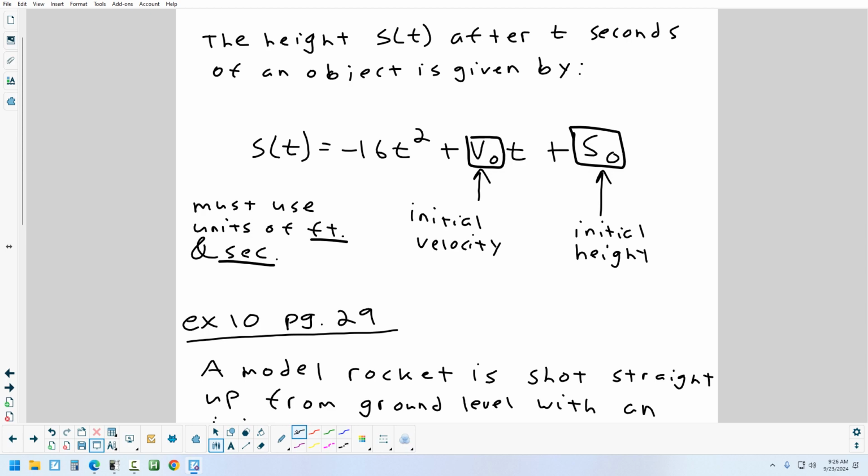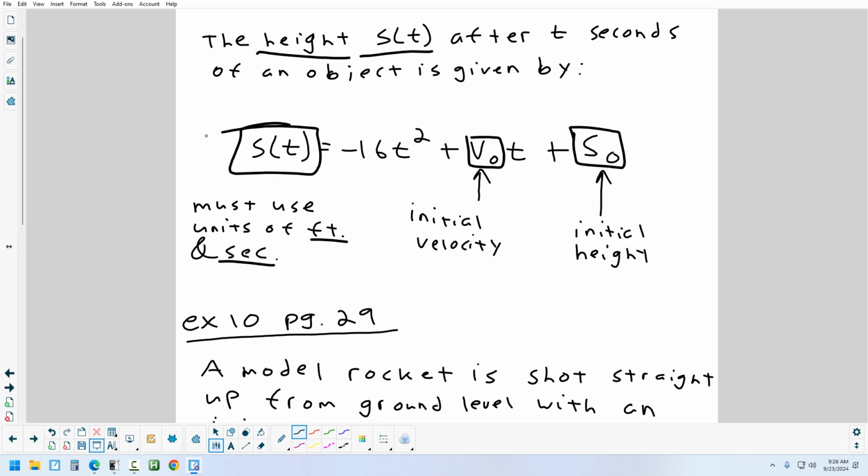Where would that 50 get plugged in? Remember, it's the height. So we have to look where the height is in that problem. Yeah? The S of t. It says right here, the height, s of t. So that's where your 50 is going to go.